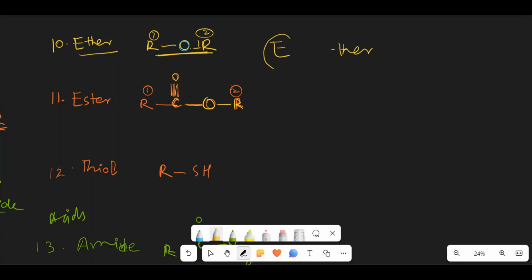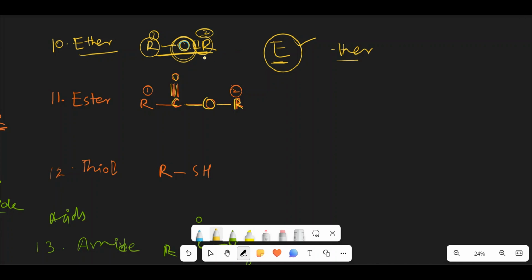E is a single alphabet, and there is a single alphabet between the R groups, O. So one phase of the name is E, and there is only one oxygen attached between two R groups.